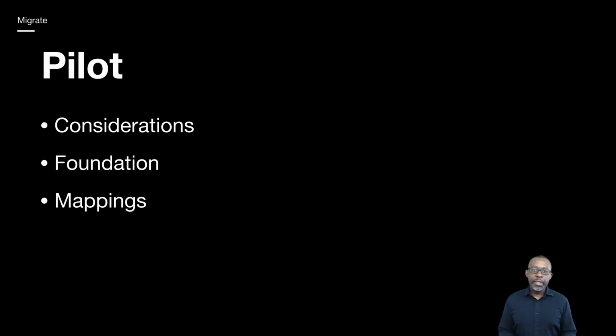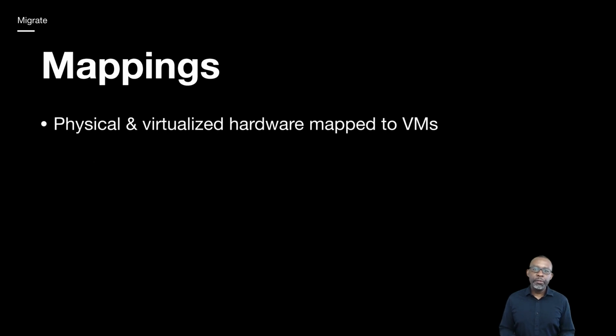Let's explore some of the technologies, services, and platforms that you may need to align with services in the cloud during the pilot phase. During the pilot phase, you may need to consider how physical and virtual hardware in the source environment maps to virtual machines in the cloud.